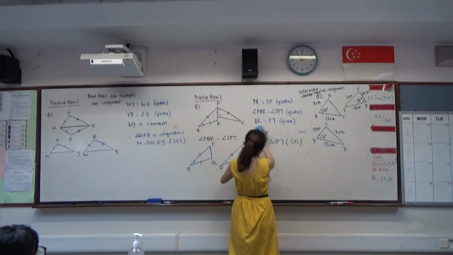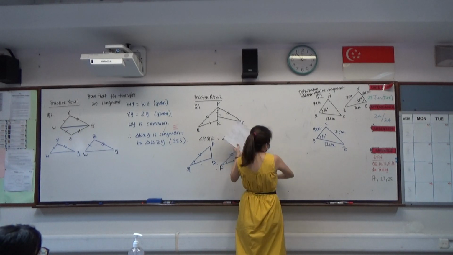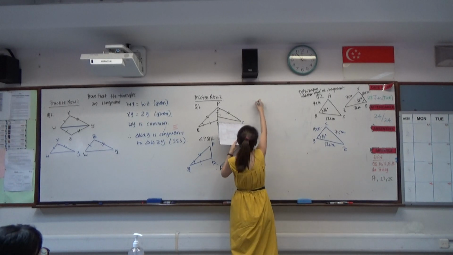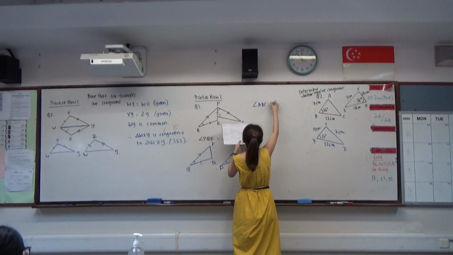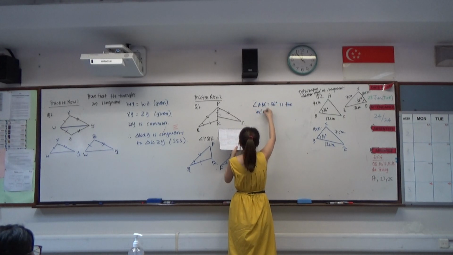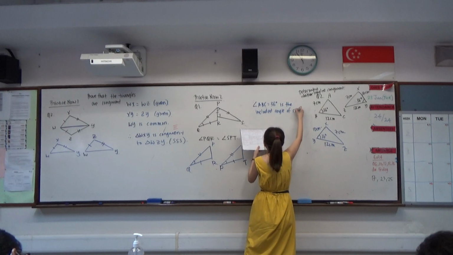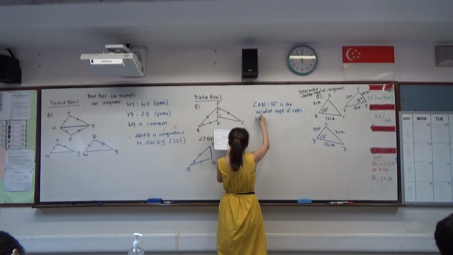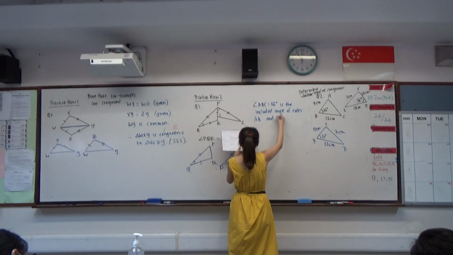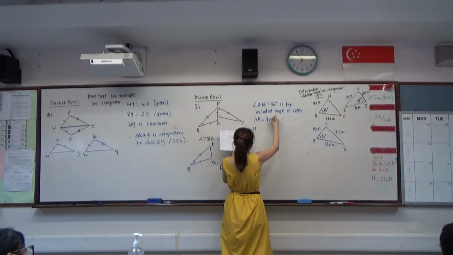I erase this out. So I'll say angle ABC equals 36 degrees is the included angle of sides AB and BC. Write down the length.